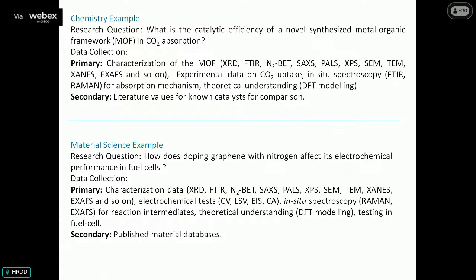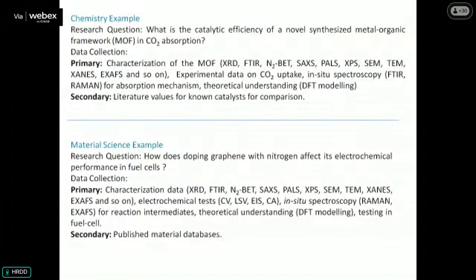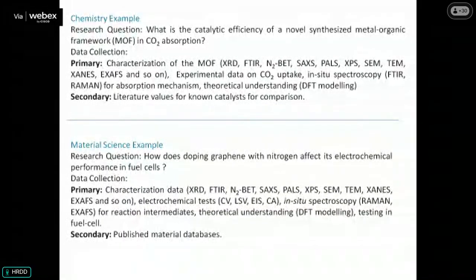So what is the catalytic efficiency of a novel synthesized metal organic framework for CO2 absorption? So as we discussed, metal organic frameworks, these are porous materials. Okay, so these are frameworks, porous materials, उसमें गैस एब्जॉर्ब होता है, कोई भी गैस फेज में जो स्पेसिफिकली यू कैन एब्जॉर्ब. तो CO2 क्यों करेंगे? CO2 is a pollutant, right.